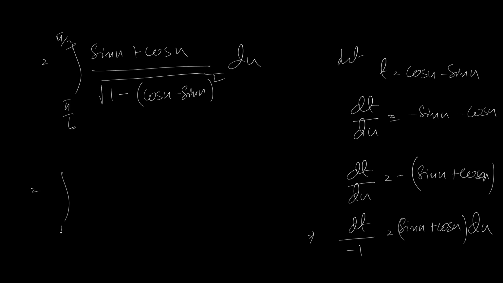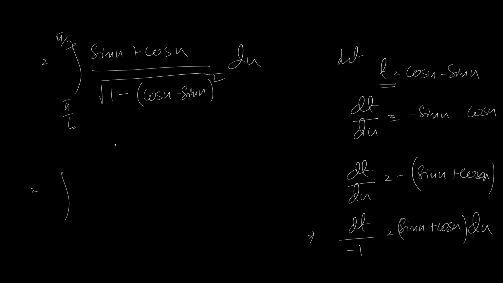So therefore pi by 6 to pi by 3. Since I have changed the variable, since from x I have taken it to t, t is equal to cos x minus sin x, so now I will have to change the limit.